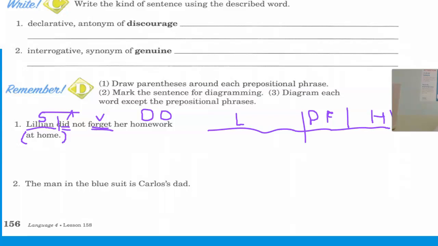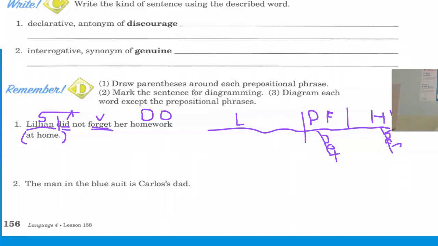So now we have an adverb, sorry class, an adverb. Not. When did she finish it? Not. Or forget it? Not finished, but forgot. And then we do have an adjective here describing whose homework it was. It is her homework. All right, go ahead and do all of number 2.